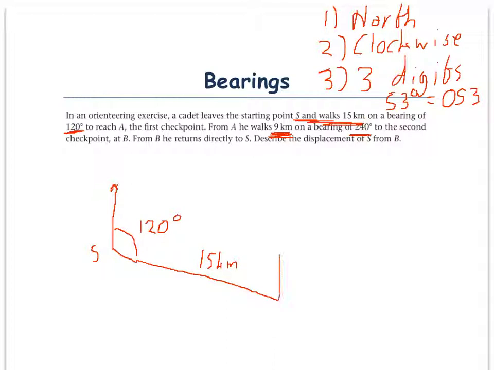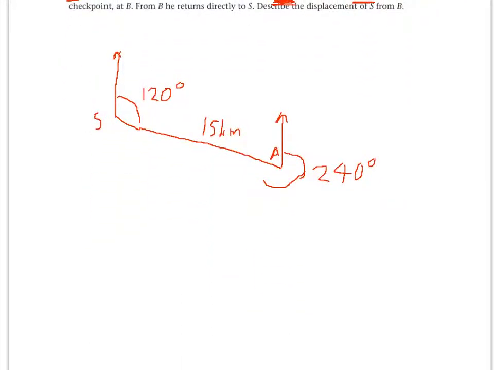So, draw another north line, A, 240 degrees, and he walks 9 kilometres, so somewhere down here, to point B, and from B, he moves directly to S. So, draw a north line from B, and he's going to go directly back to S.